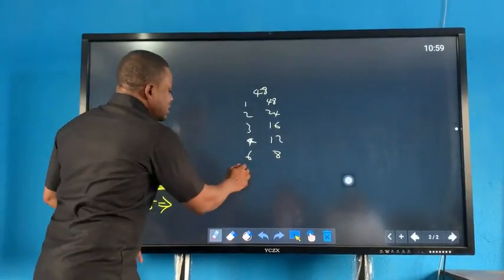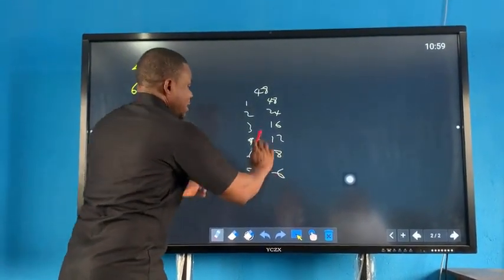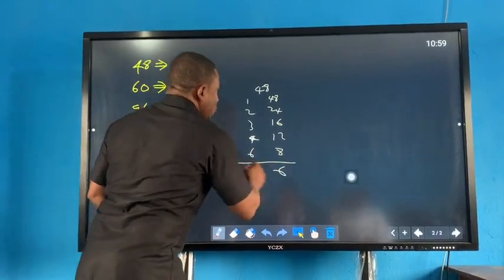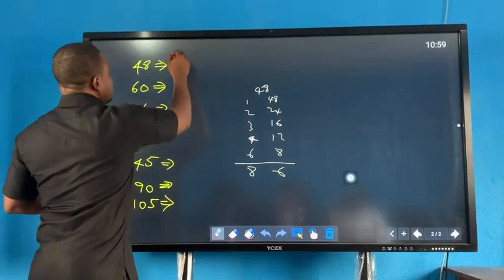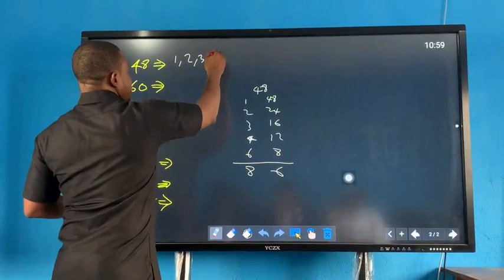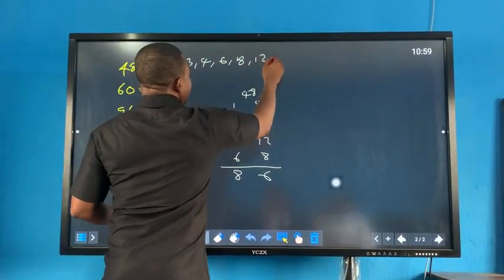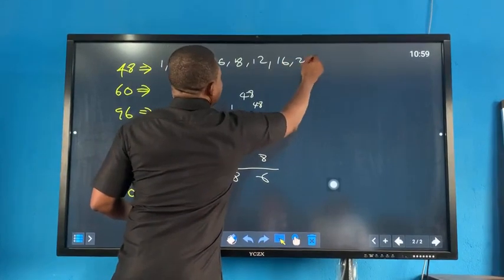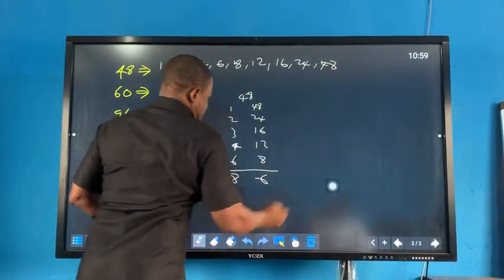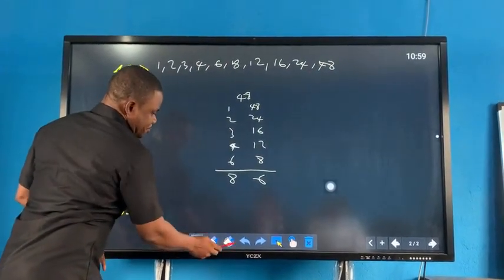Because if I decide to write 8, I'll get 6 again. It's going to be like I'm reversing this. So I'll take all of this: 1, 2, 3, 4, 6, 8, 12, 16, 24, and 48. Are you with me?